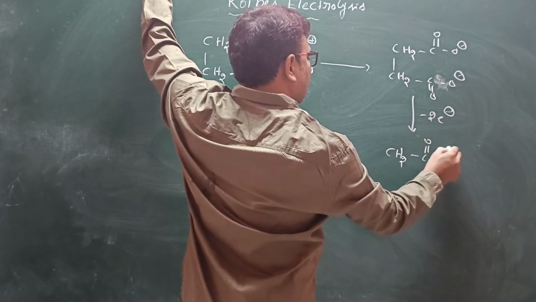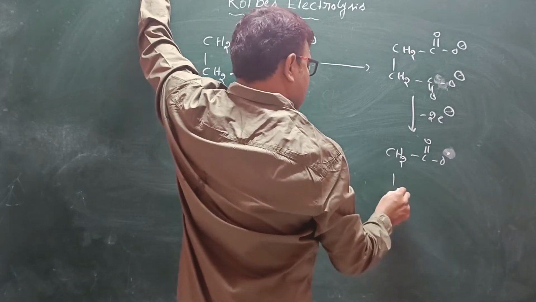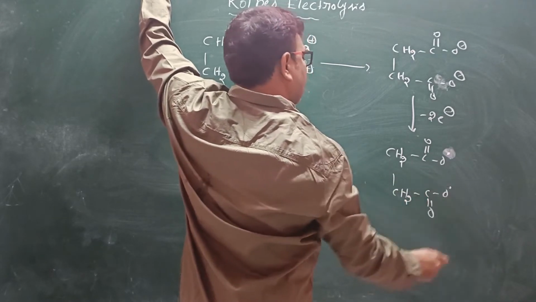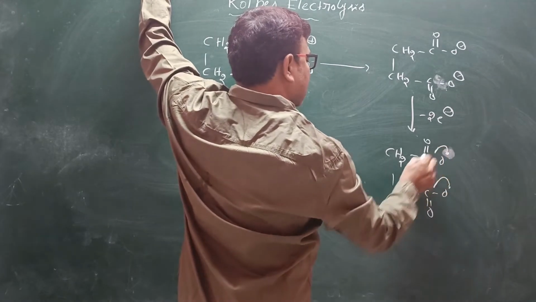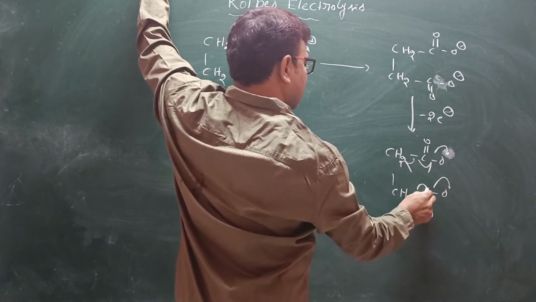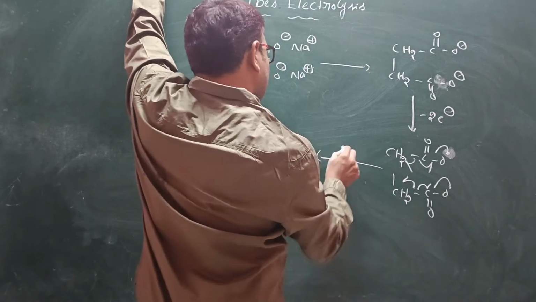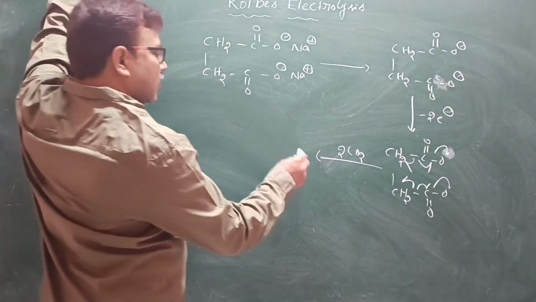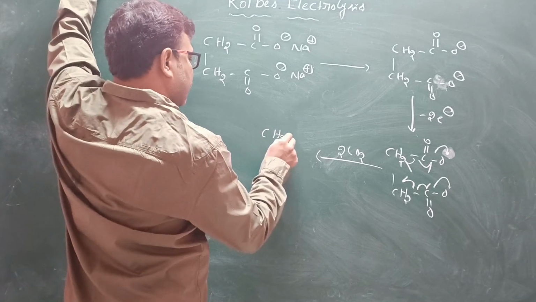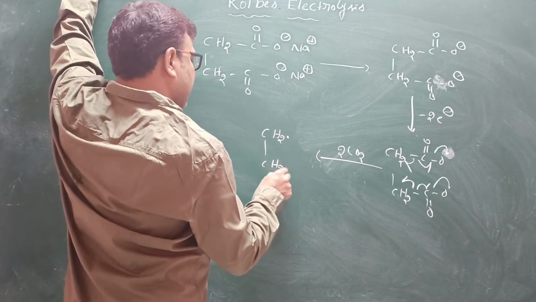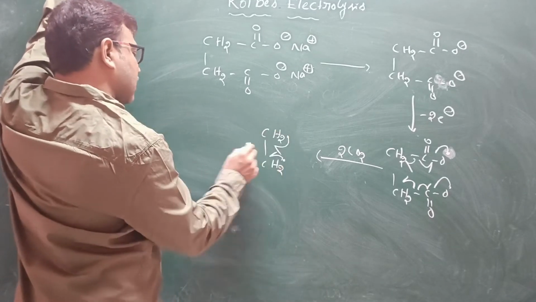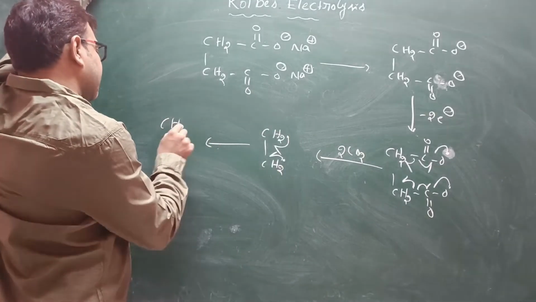Now it involves homolytic cleavage, loss of CO2. 2 moles of CO2 gas will be liberated at the anode, giving CH2 free radical. It has 2 unpaired electrons, which involve in bond formation to give ethene.